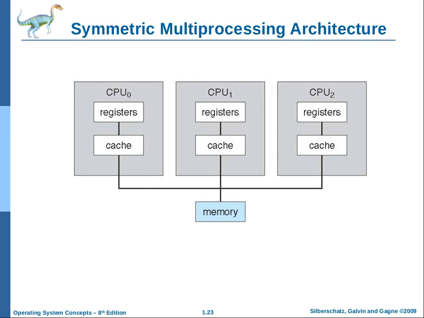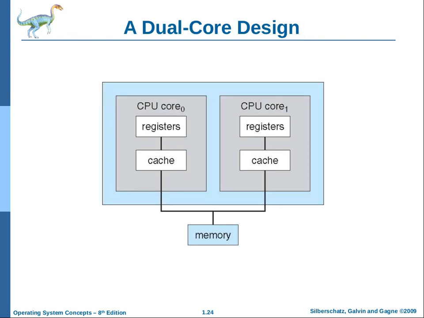Dual core, oh, here's the point. So symmetric multiprocessing, notice you have CPU, CPU, CPU. Multi-core, CPU, core 0, core 1. They're basically built inside the processor. High level, it kind of looks like what's the big deal?